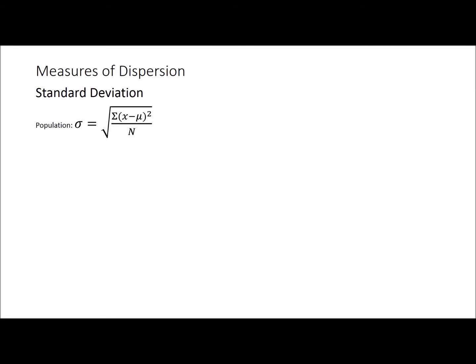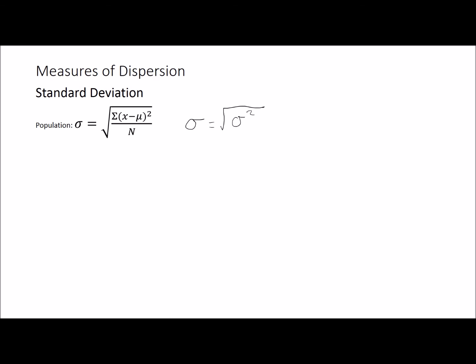Or in other words, if we were to say the standard deviation, which is what that symbol stands for, right, lowercase sigma, equals the square root of variance. So you do the variance calculation, and once you get through the variance calculation, you simply take the square root of the variance, and that will give you standard deviation.